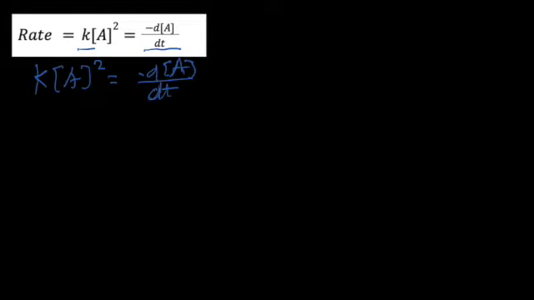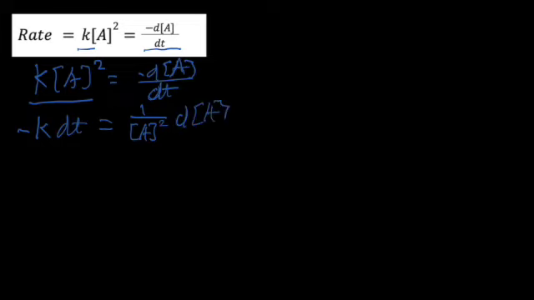So before we can integrate, what we have to do is separate the variables. So if we multiply by dt on this side and divide by the concentration of A squared, then what we get is K dt, we can move the negative sign over, equals 1 over the concentration of A squared d concentration of A. And so we can integrate both sides.